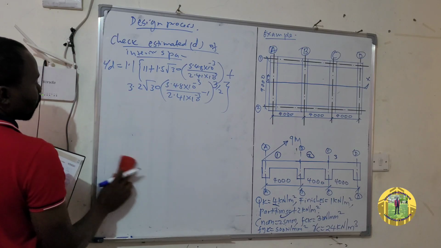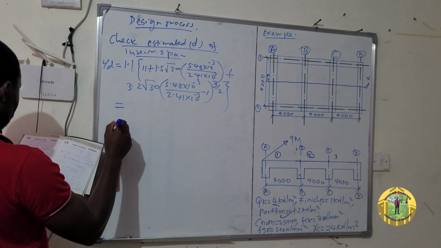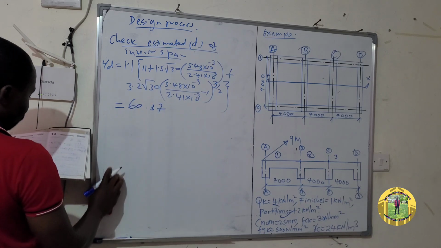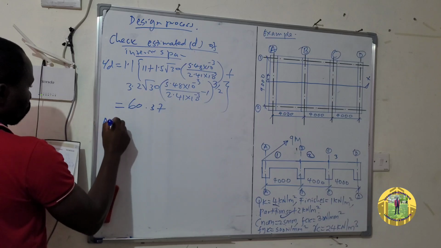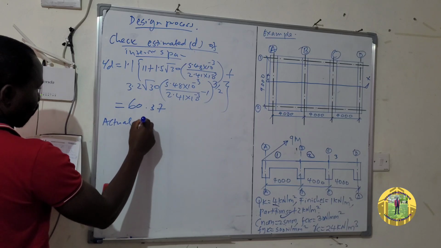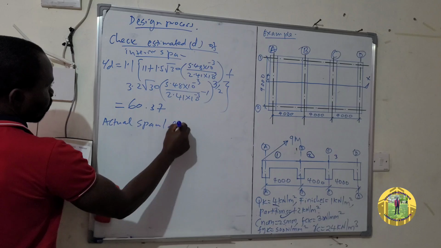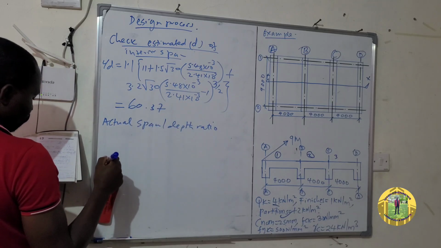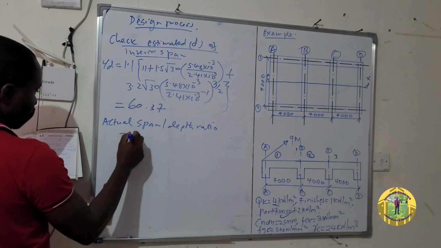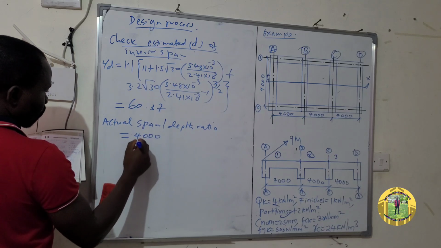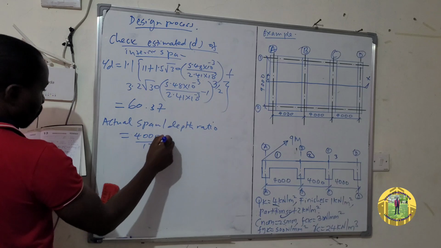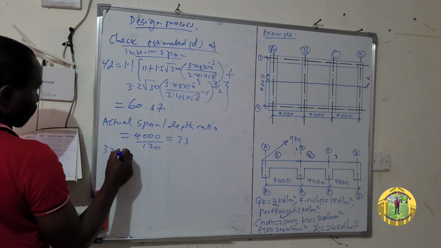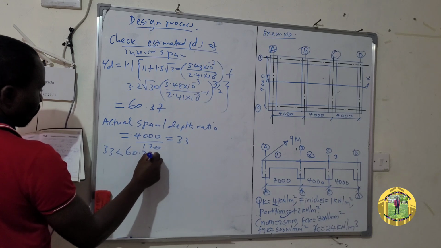Let's carry out the operation, which is equal to 60.37. Then the actual span over depth ratio is 4000 over 120, which is equal to 33, and therefore 33 is less than 60.37.